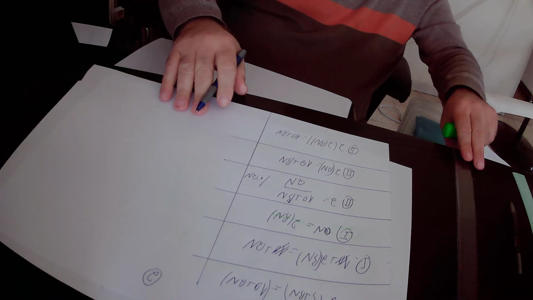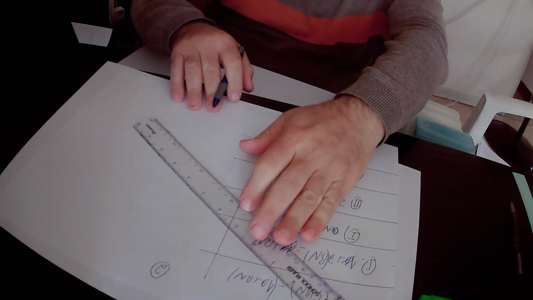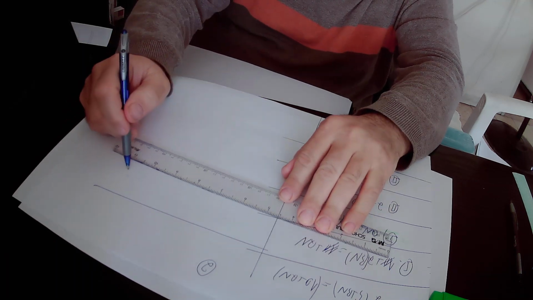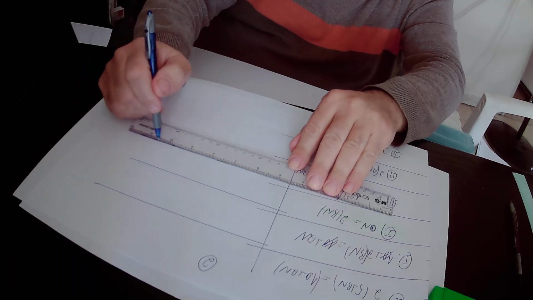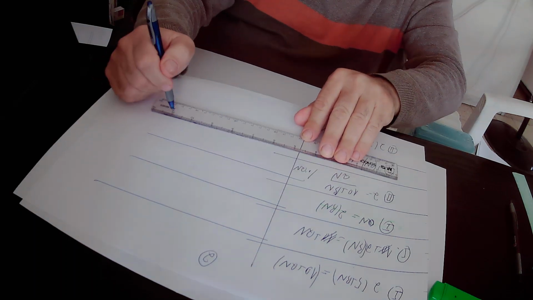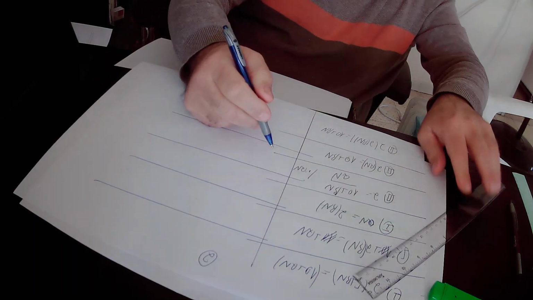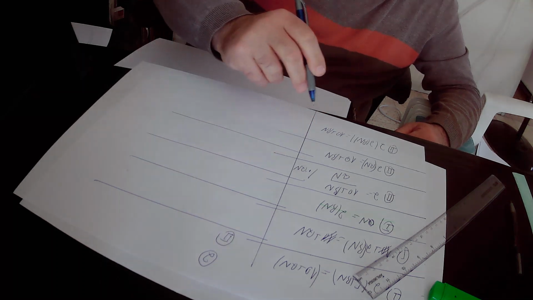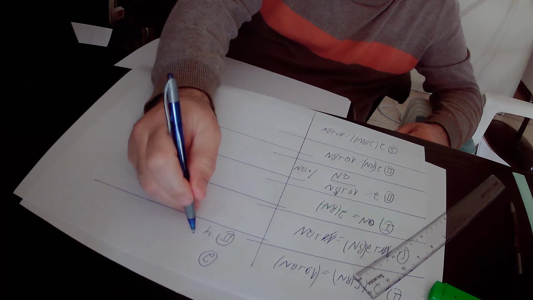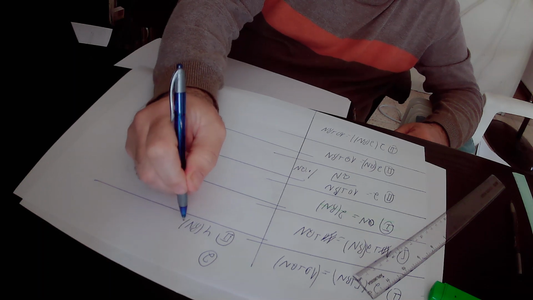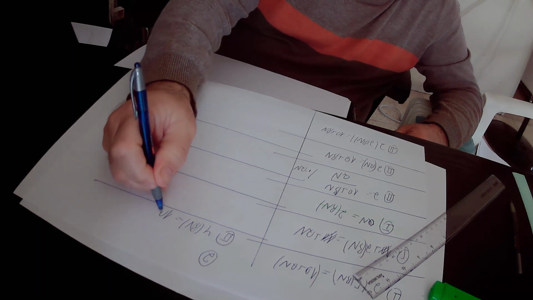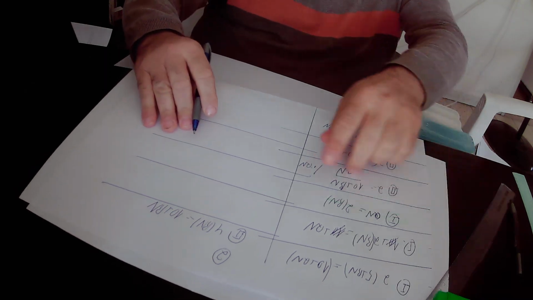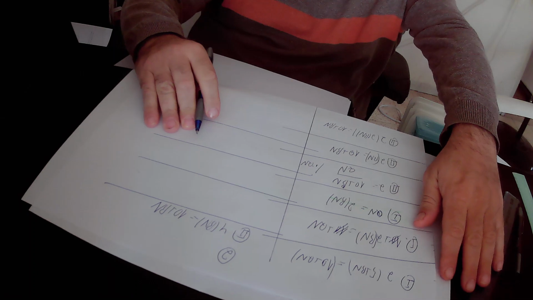So 2 times 2BN is 4BN, that equals 10 plus BN.